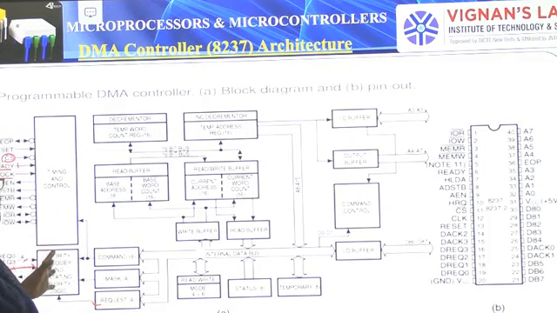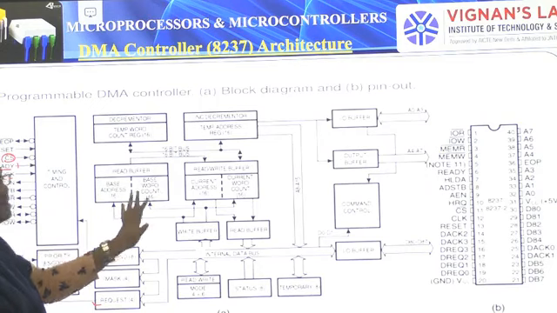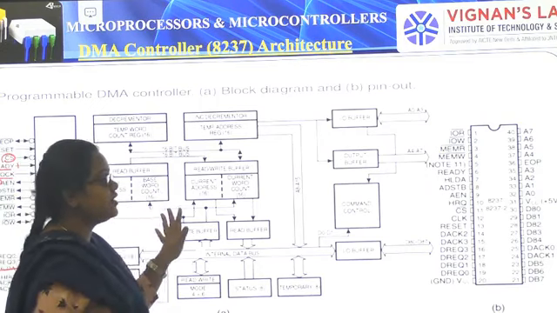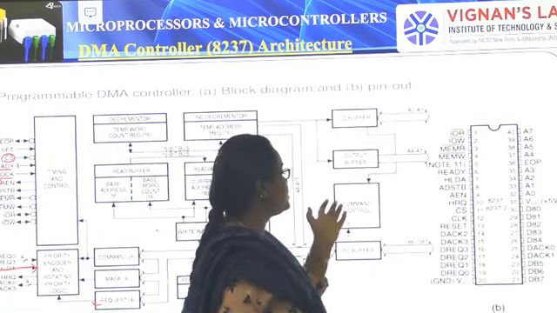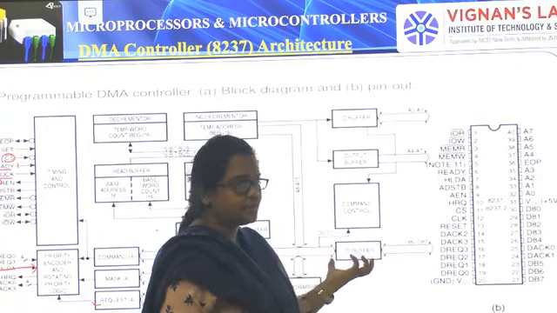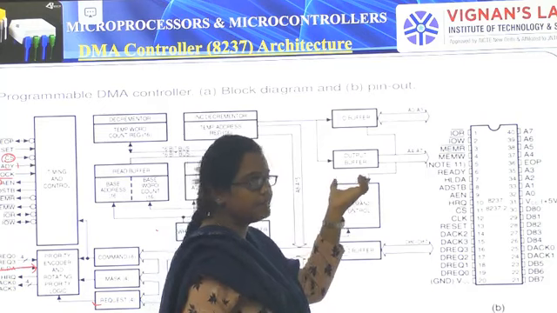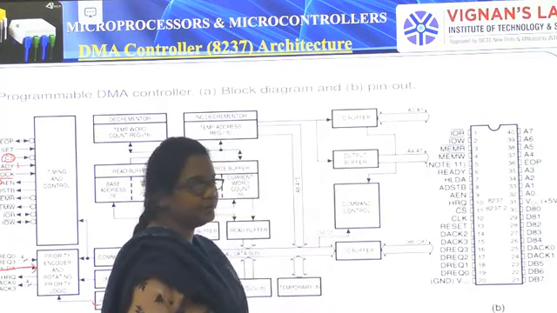Then the CPU sends the hold acknowledgement to the 8237. Then the 8237 accesses the memories, and the data is stored in these registers. The data is given to the input and output devices by using these ports, command control, and the input and output buffers.